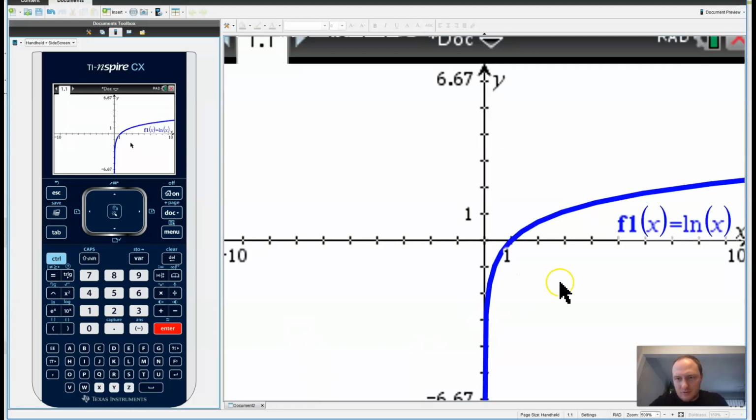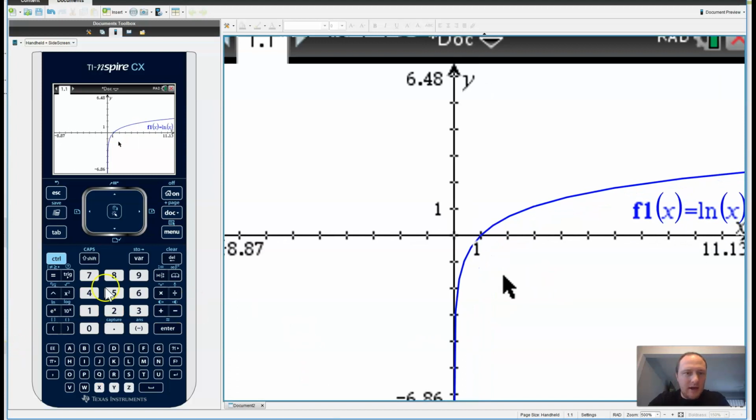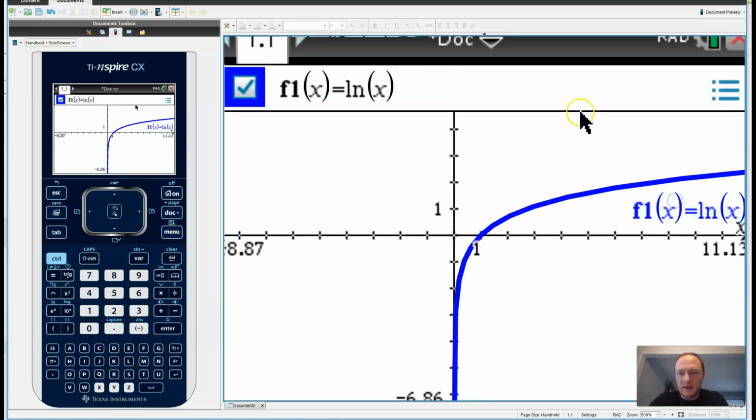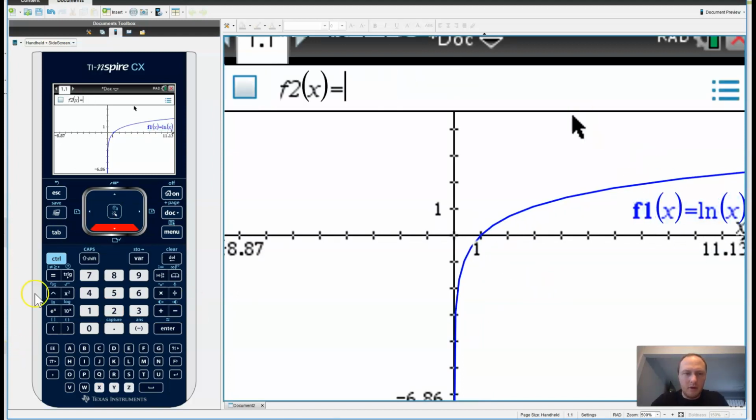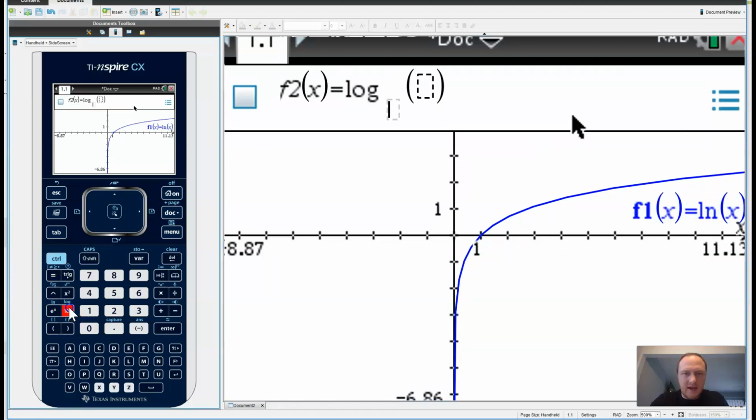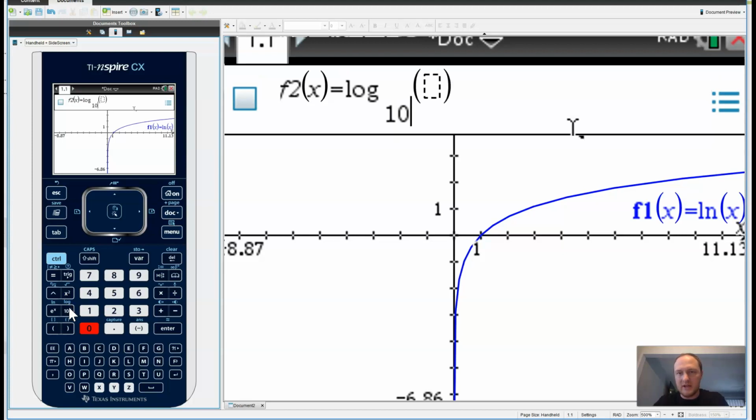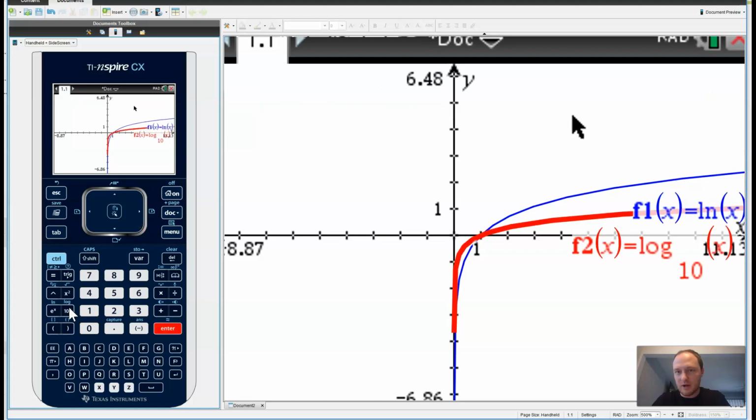There is the natural log of x. And we'll go ahead and put in log base 10 of x. With the TIs, we're lucky we can enter bases. Some calculators that you work with won't have the option to input the base, but here I have log base 10 of x, and there are the two functions.